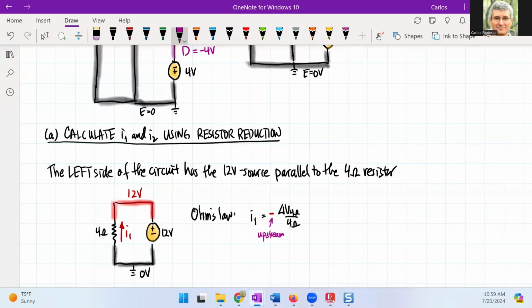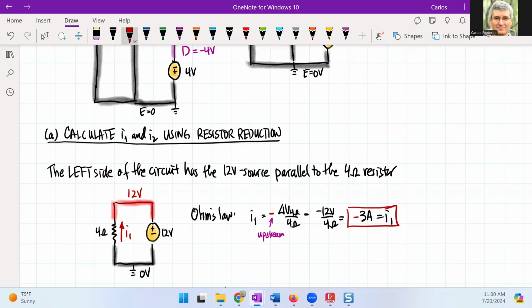And that's why we put that minus sign. So if I look at the details, I'm going to get minus 12 volts divided by 4 ohm. So I'm going to get a negative 3 amps for I1. Once again, I'm going to put in that minus sign. So now I know what that current is.